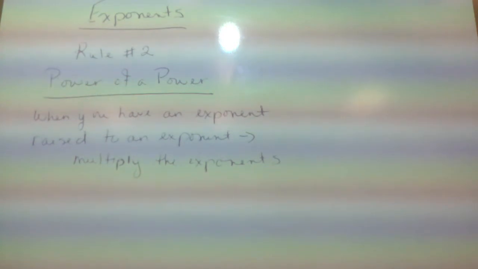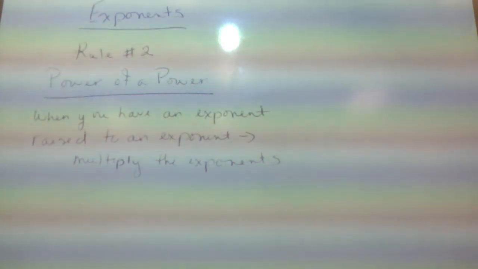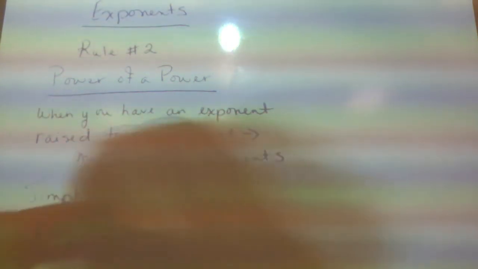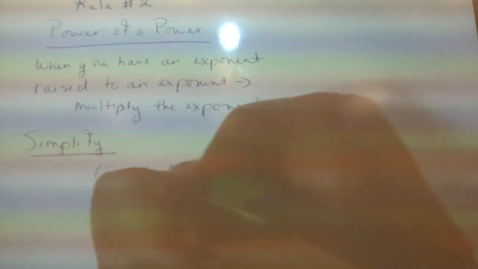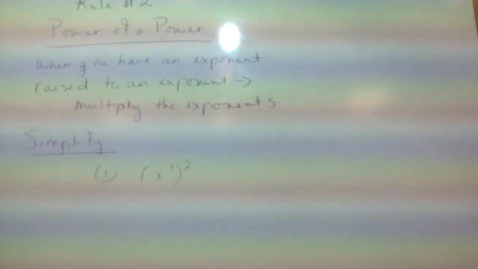So now we're just going to go through several examples. Let's take a look at number 1. The directions will say simplify. So number 1, we have x cubed raised to the second power.